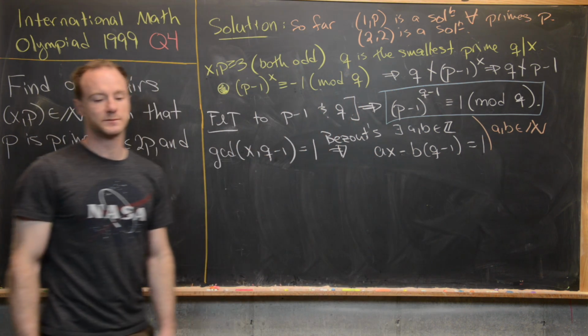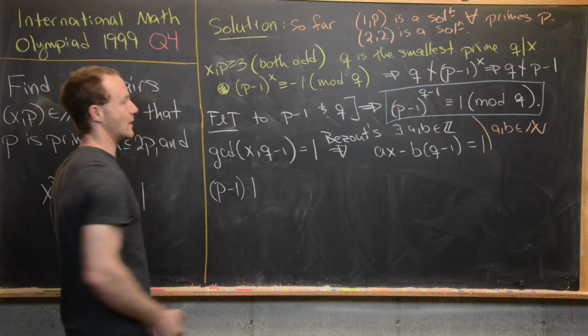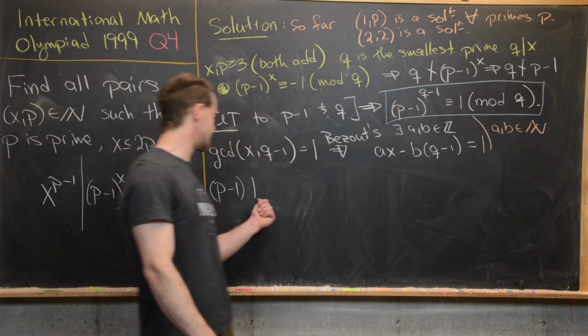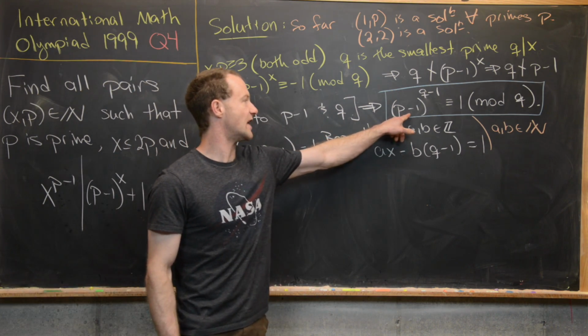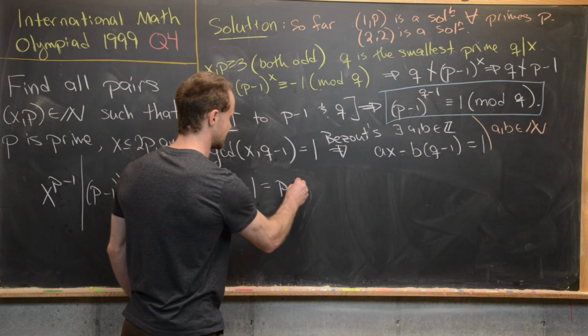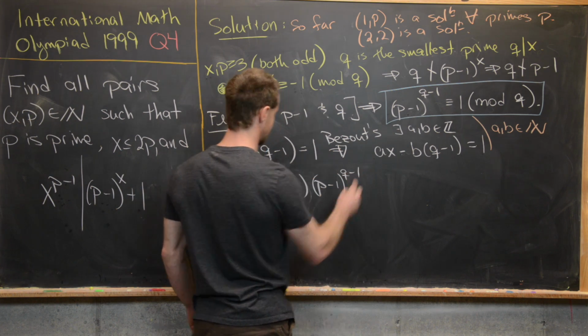Okay, great. So now we want to play some tricks with this number 1 expressed in this form. We're going to take the number p minus 1 and multiply it by 1, but now we're going to use congruences to express this number 1 in terms of an exponent of p minus 1. The way we're going to do that is write this as p minus 1 times p minus 1 to the q minus 1.